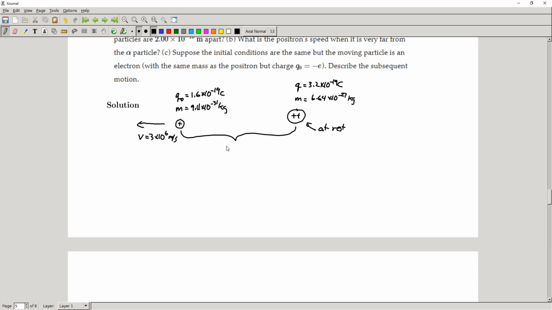And this thing here, I'm going to call this capital D, is going to be 1 times 10 to the minus 10 meters. This is our initial distance between the two.